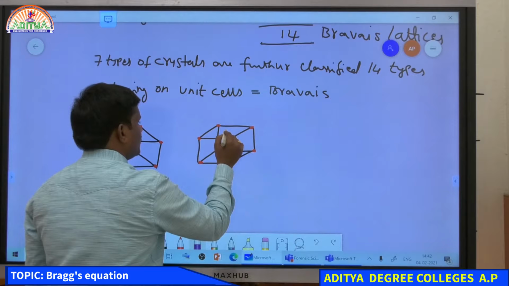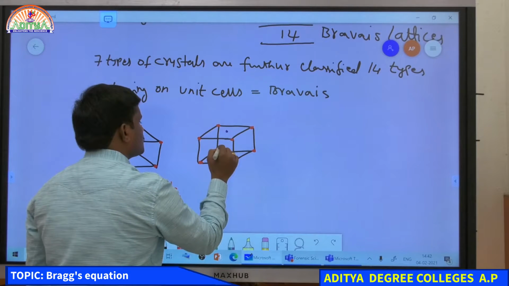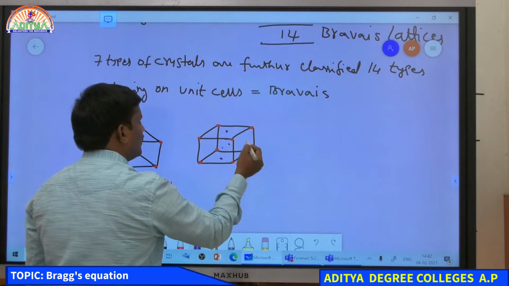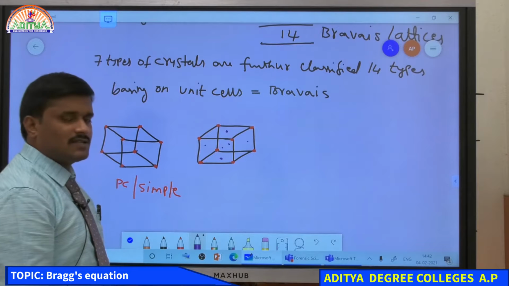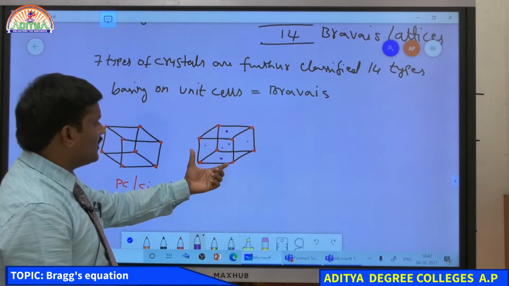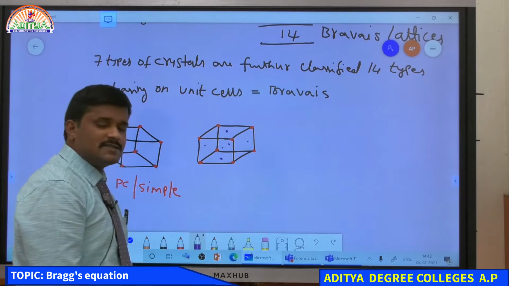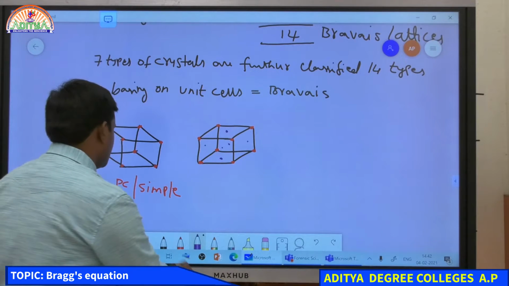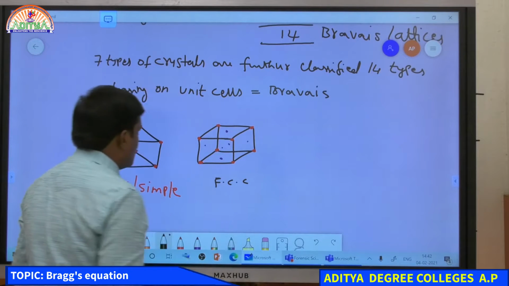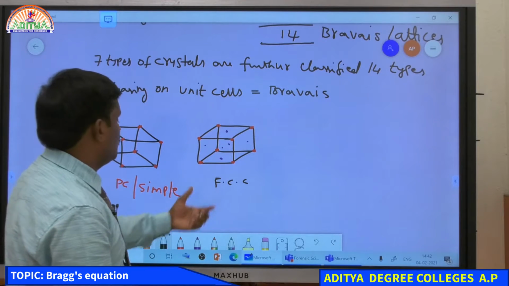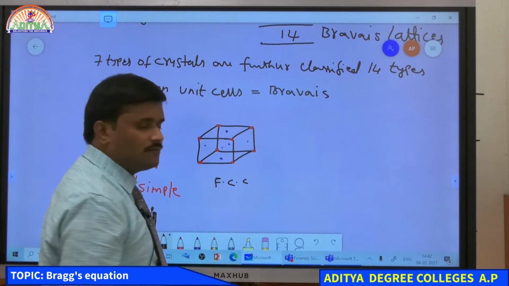So this is the center for this face and this is the center for this face. Similarly front and back, right hand side and left hand side. So this is the crystal in which the unit cell contains 8 points at 8 corners and 6 points at the center of each face. Then this is nothing but FCC. So basing on FCC or simple cubic unit cell, the 7 types of crystals are classified into 14 types.